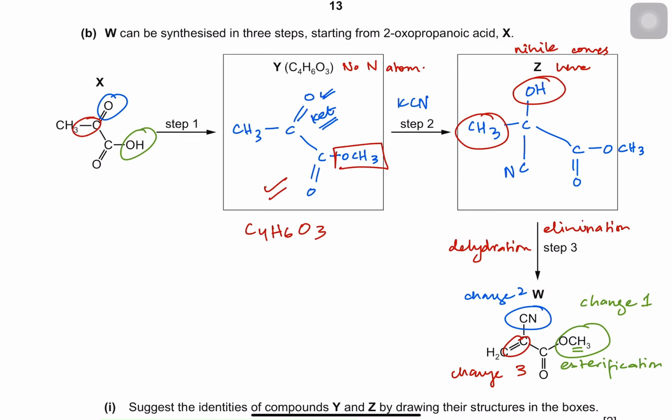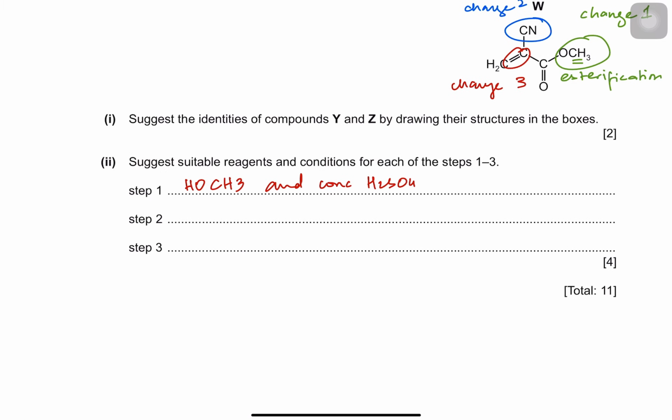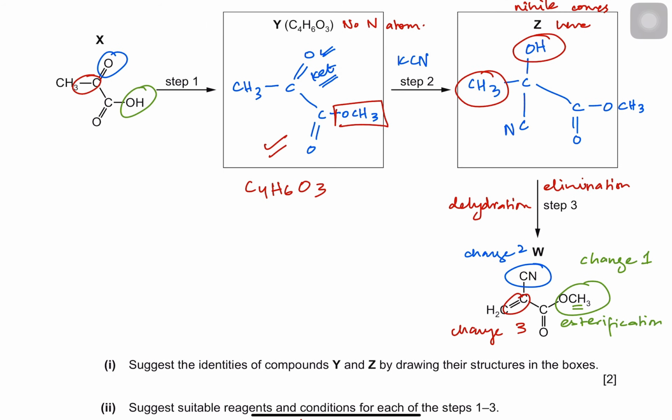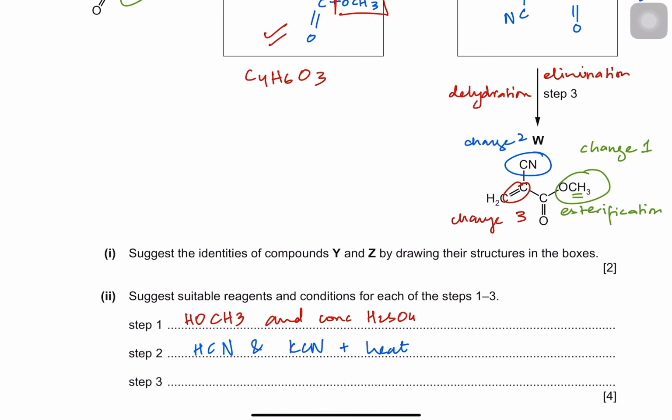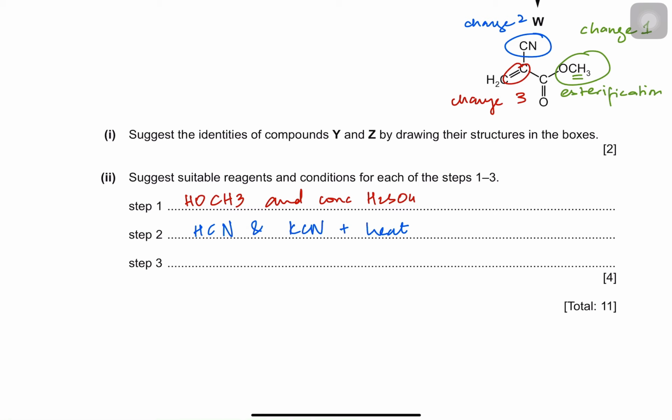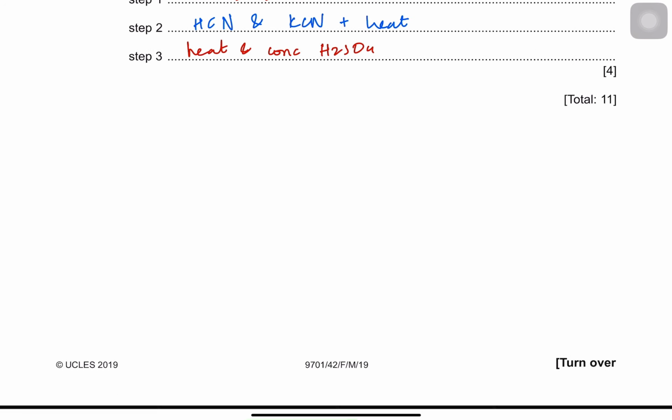In step 2, you are adding KCN for sure, so HCN and KCN plus heat. And then you are doing dehydration, so dehydration happens with concentrated sulfuric acid and heat.